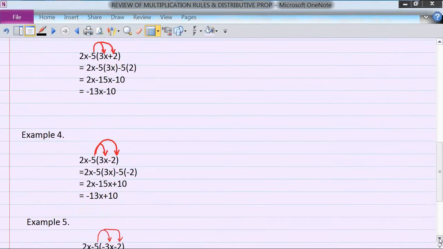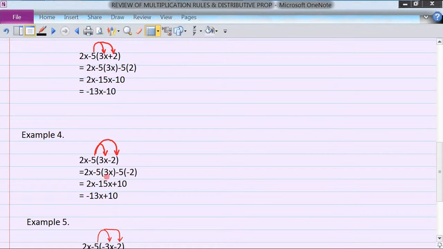And the last problem, we're going to do two more. 2x minus 5 times 3x minus 2. So here we have minus 5 times 3x, and minus 5 times minus 2.